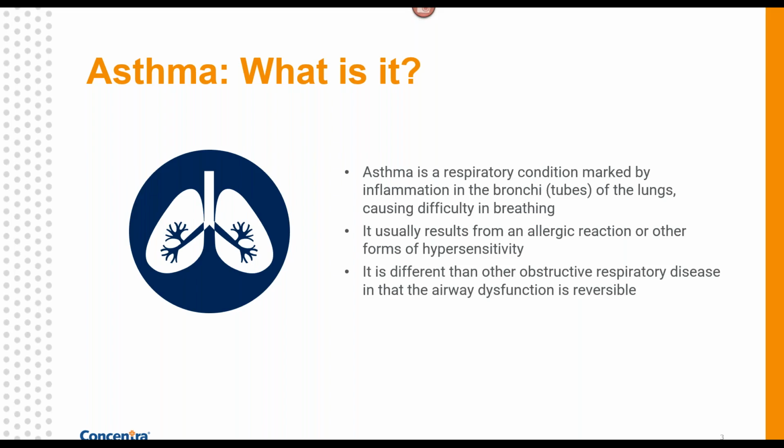The usual causes of this inflammation are either an allergic reaction to a substance or the lung tissue developing an increased sensitivity to the offending substance. Asthma is very different from obstructive lung disease like COPD, etc., because it is reversible. The inflammatory changes may be reversed with proper management.